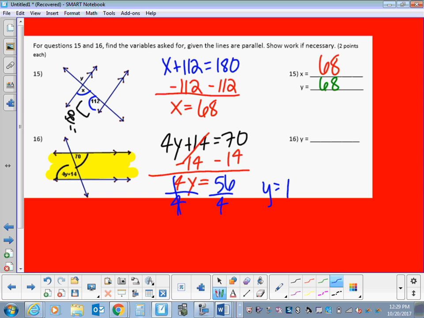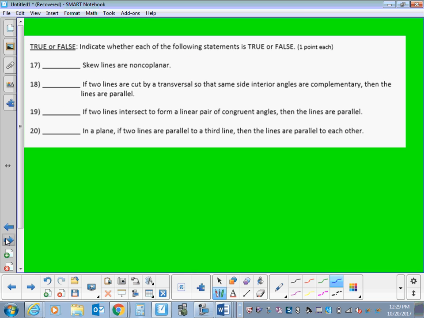So y is equal to 14. Any questions here? All right, moving on.